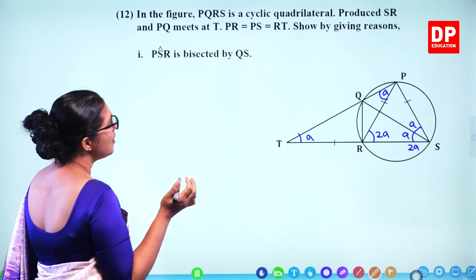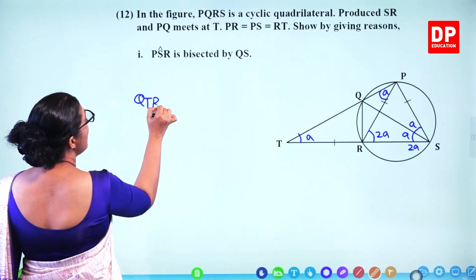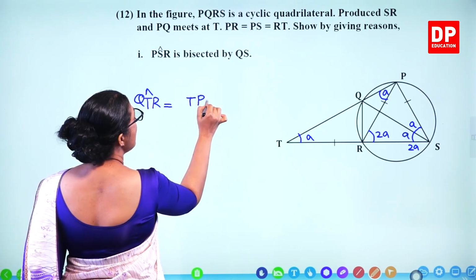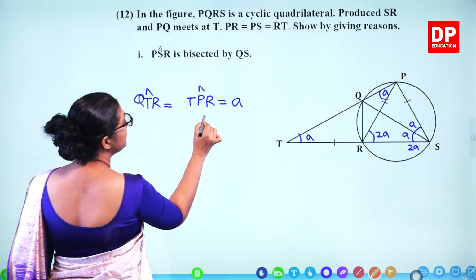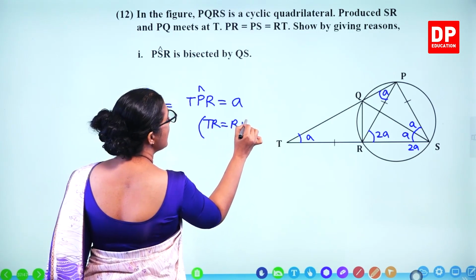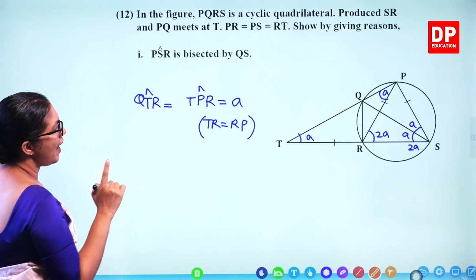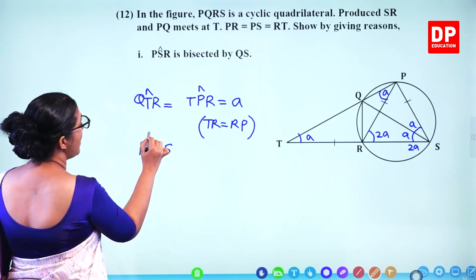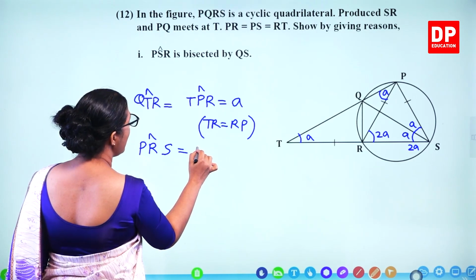So first you can write, angle QTR is equal to angle TPR, we'll take as A, because TR is equal to RP, isosceles triangle. Then you can write angle PRS is 2A.